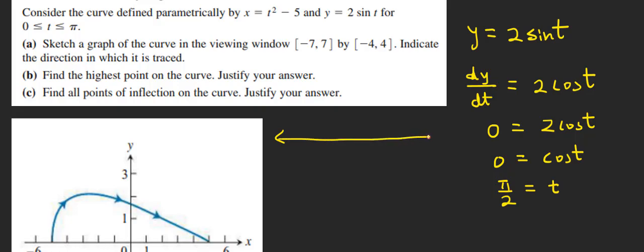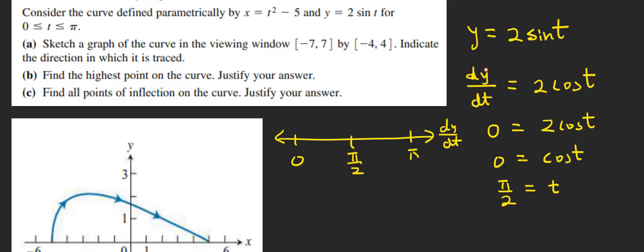So let's draw the line. This is dy over dt. We're going from 0 to pi, and you have pi over 2 as a critical number. Now, let's plug in a number, a nice number between 0 and pi over 2, which is like pi over 4.